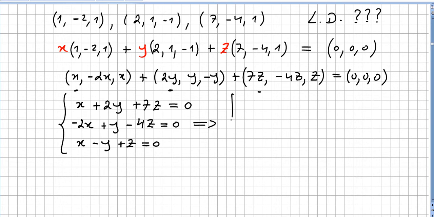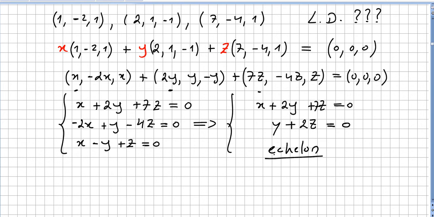And if you do the very simple calculations, you will get to this. So the system is in echelon form, right? It has only two non-zero equations. The n is 2, but you have three unknowns, x, y, z. I always call n the variables.